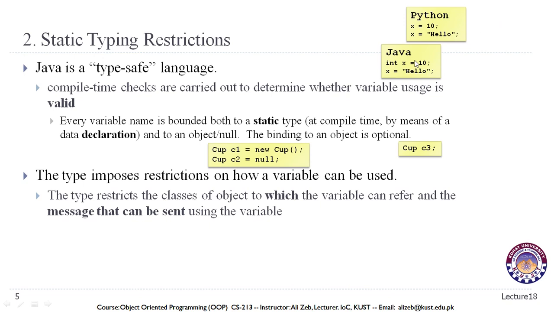In Java, when we have declared a variable as integer, it can only take an integer value. If we try to assign a value of a different data type to this variable, in Python it is totally allowed, but in Java we cannot do this, because once we declare a variable with a certain data type, that variable is statically bound to that data type, and the usage of that variable is restricted only to the operations that are allowed by that data type.